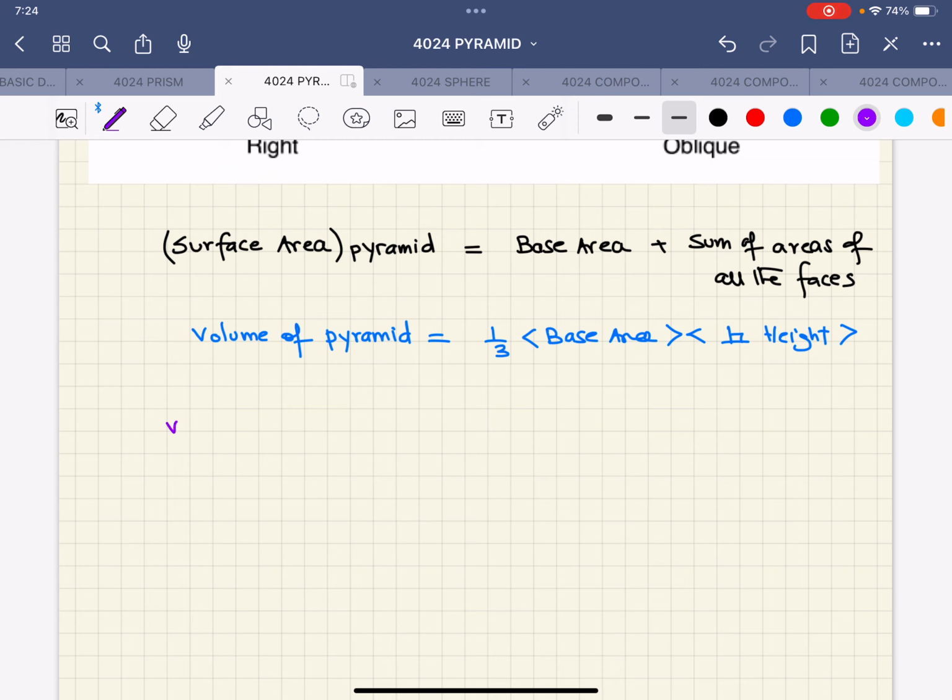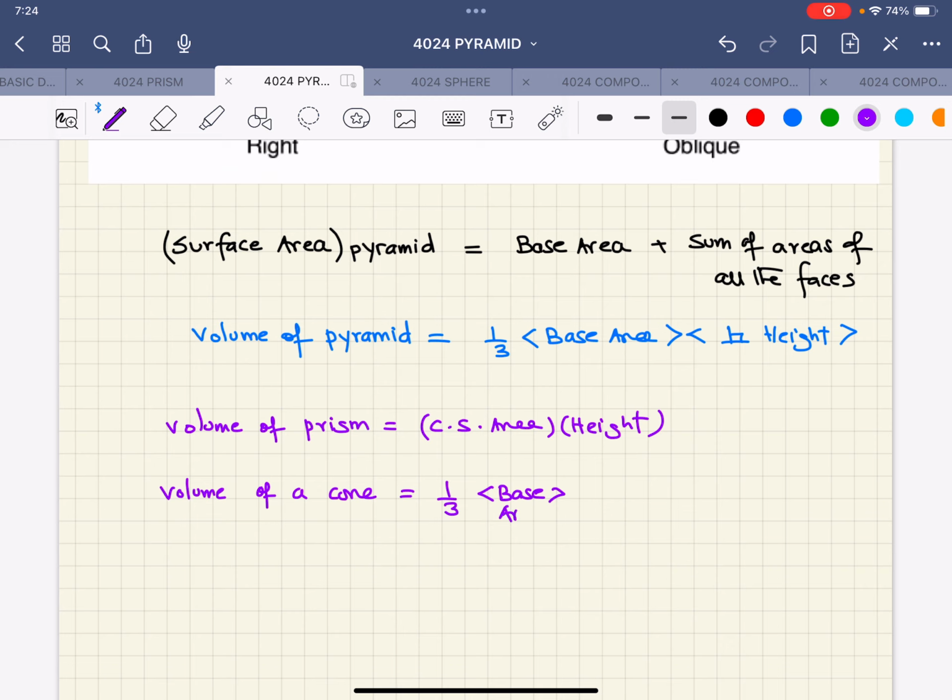When we talk about the volume of a prism, that is cross-sectional area multiplied by height. When we talk about the volume of a cone, that is 1/3 into base area into height.